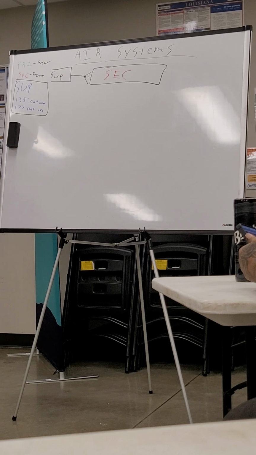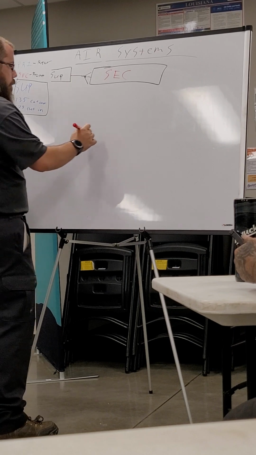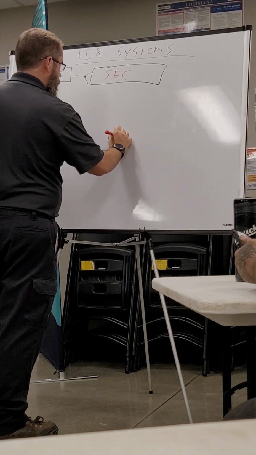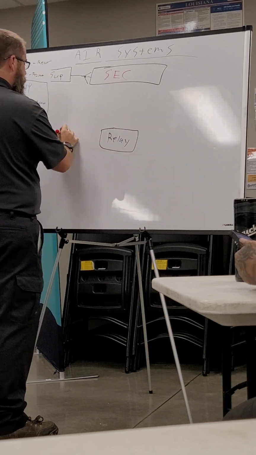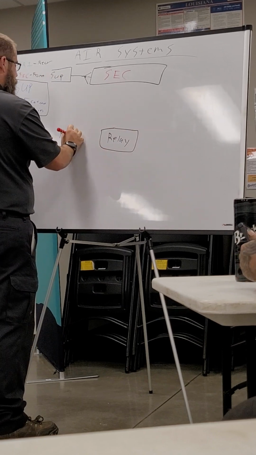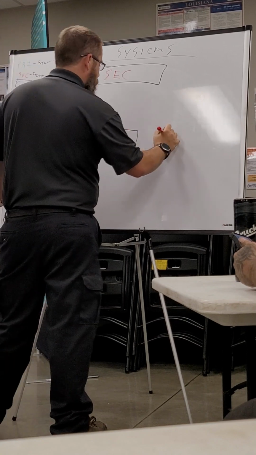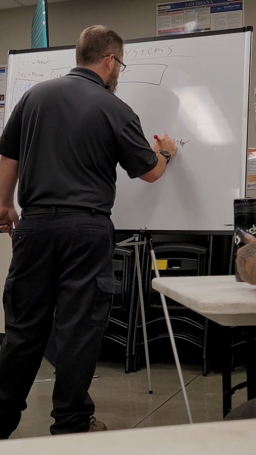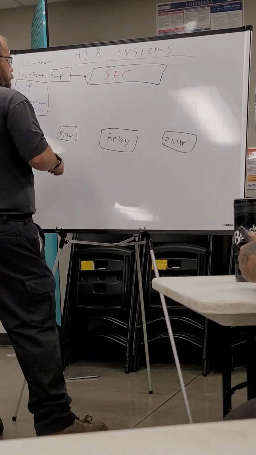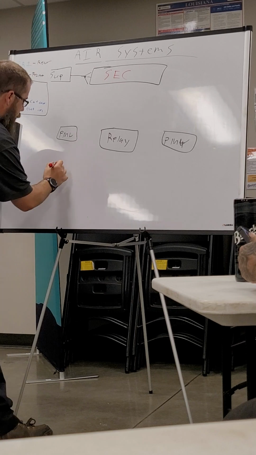So, let's draw it out. Tell me all the things that are on a secondary air system braking wise. The relay and PMV valves. Good so far. Brake chambers. Yeah. Brake chambers.